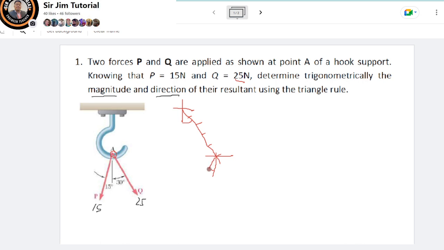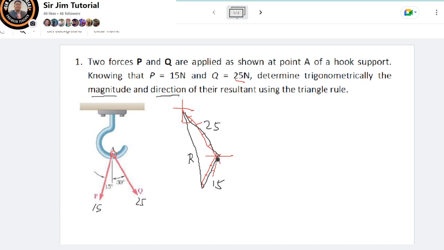So you have 15, maybe 1, 5, 10, 15. So from here we can connect those lines. This becomes our resultant with the use of triangle. This is R, and then this one is our Q, which is 25, and then this one is our P, which is 15.